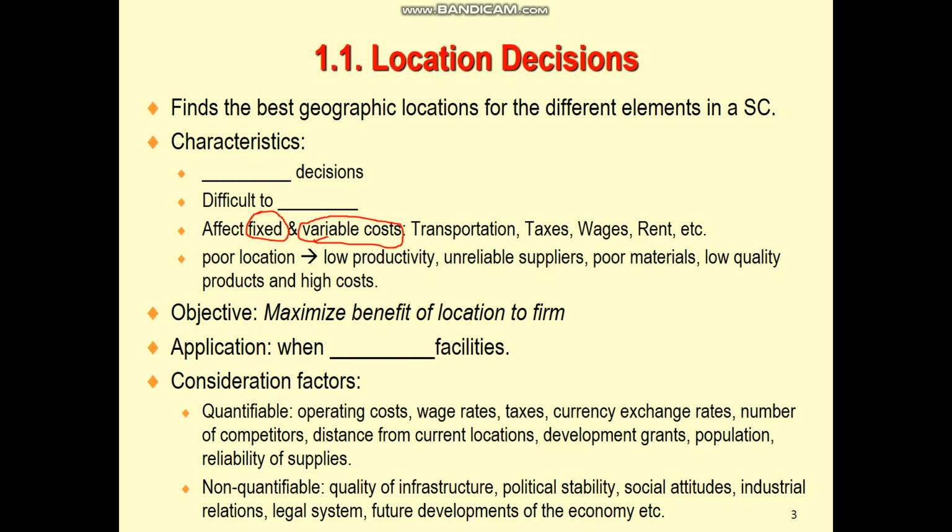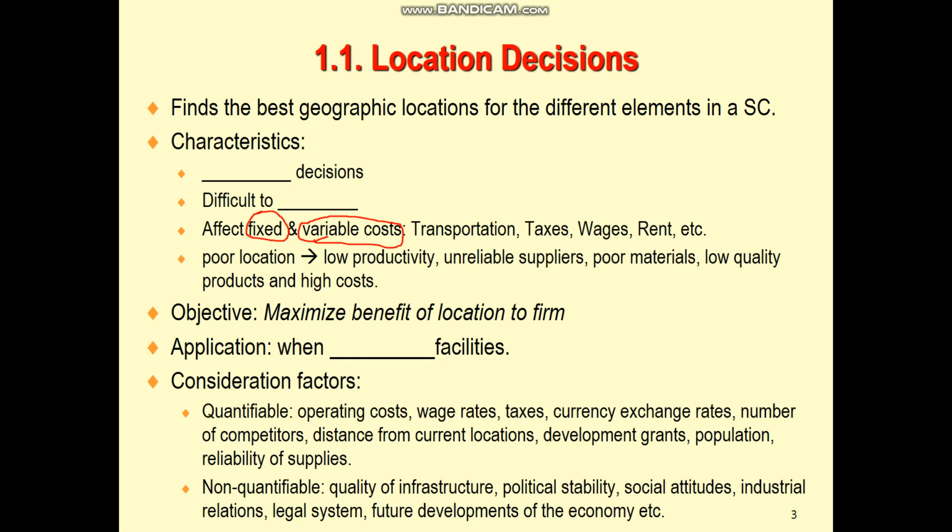And what is our objective when we make location decisions? We try to maximize the benefit of the location. So, for example, we decide to open a new restaurant in the district.